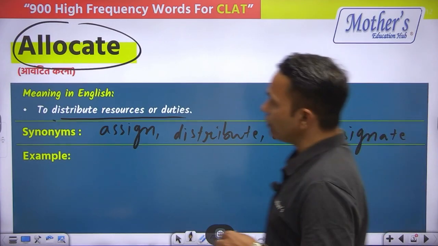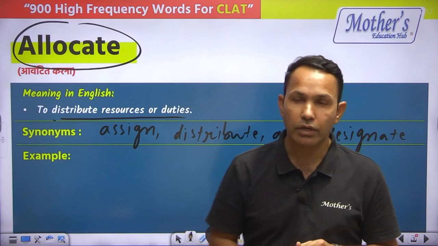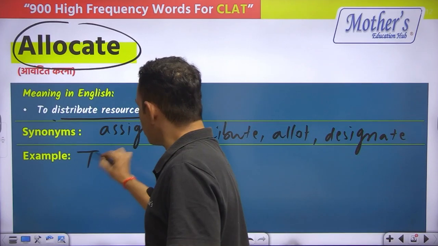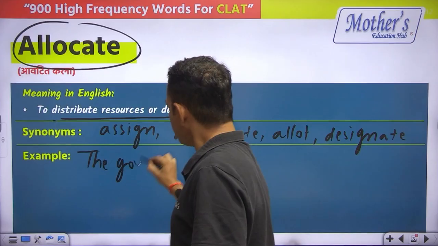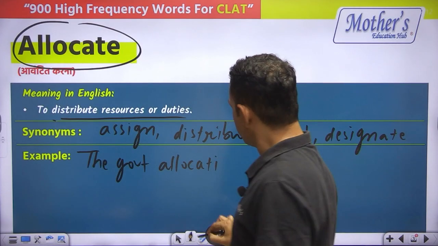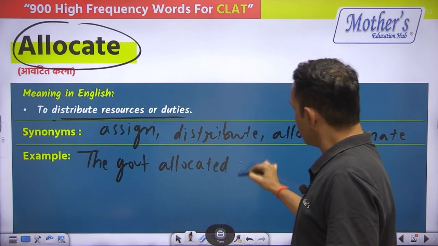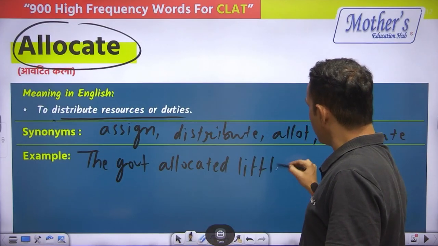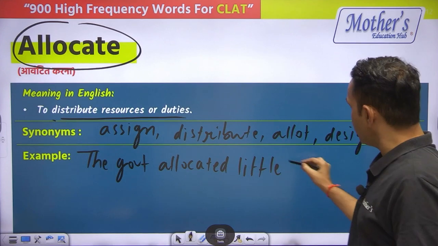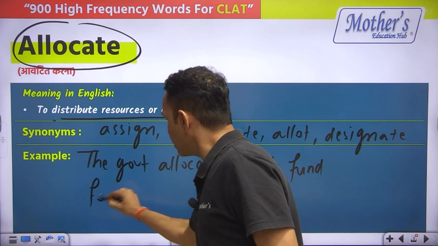Let's use this word allocate in a sentence. The government allocated little fund for education. Little fund, almost no fund, for education.